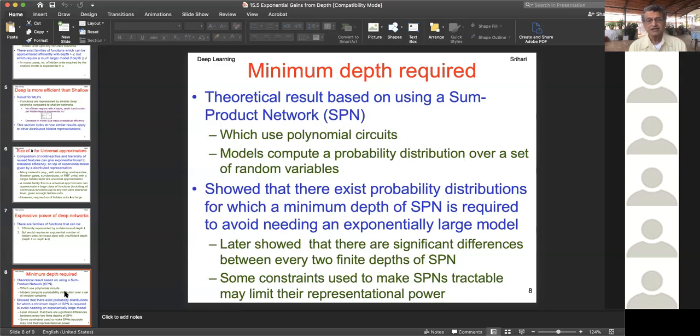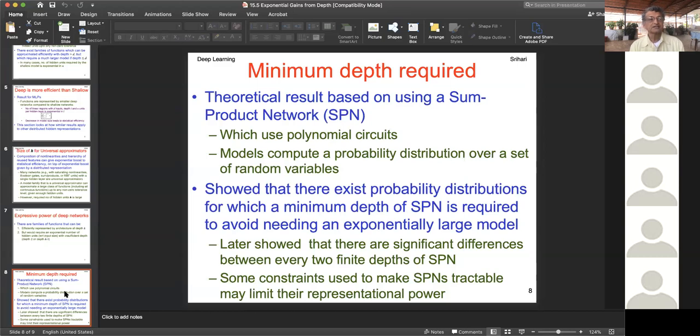But they have shown some results using other networks called sum-product networks, which use something called polynomial circuits. And these model a probability distribution over a set of variables, and showed that there exist probability distributions for which a minimum depth is required to avoid needing an exponentially large model.